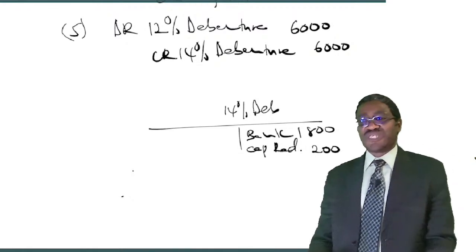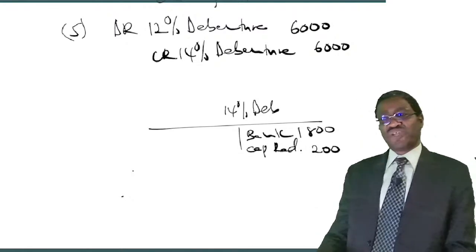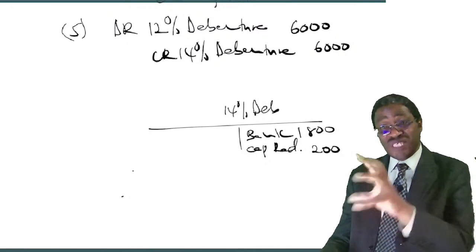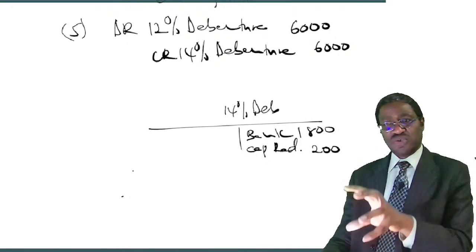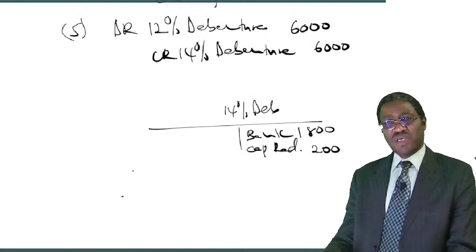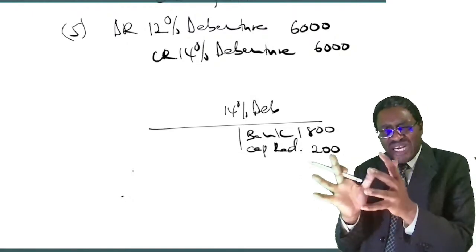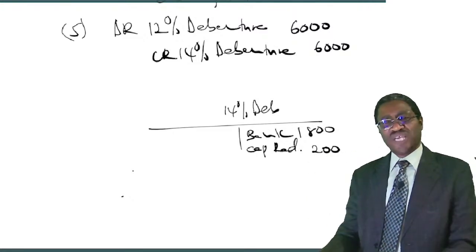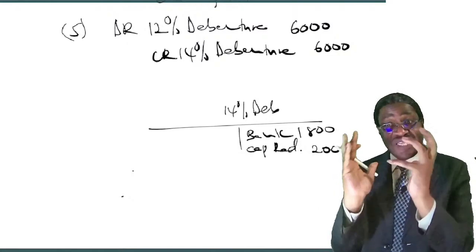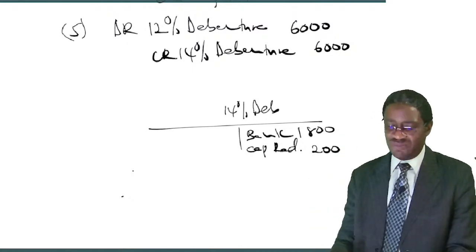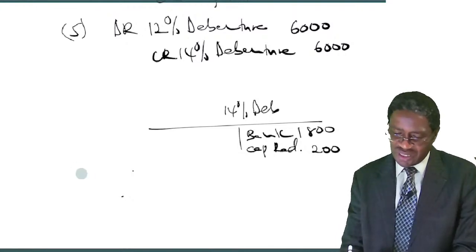And maybe for the sake of it, you can copy this small 14% account so that you see it clearly, because the journal doesn't come out clearly to show the double entry. Once you understand the ledger entries, putting it in terms of journal is not a problem. So let's put down number 6.